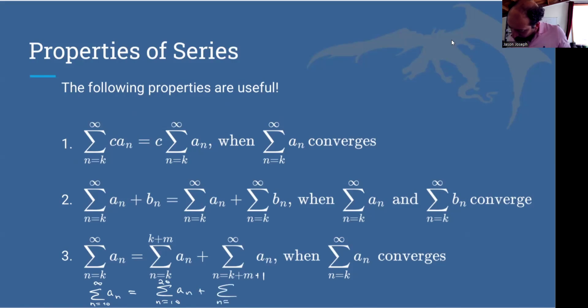And then the remainder is the terms from 21 to infinity added up, right? So that together makes up all of the terms that we see on the left-hand side. Sorry about that typo.